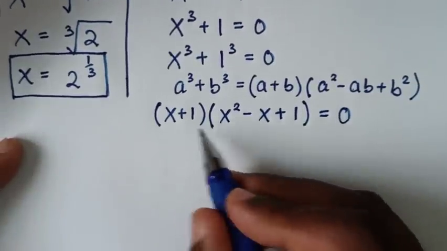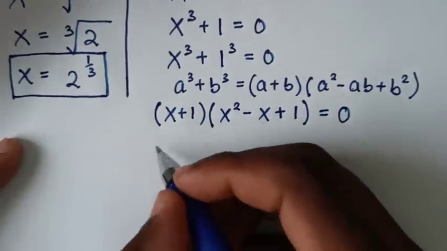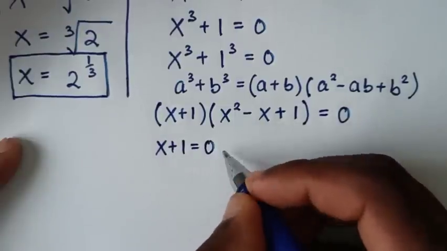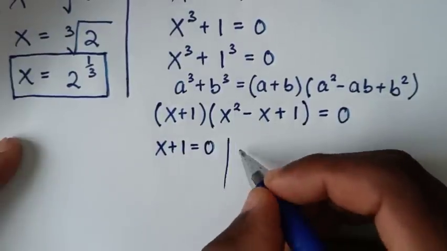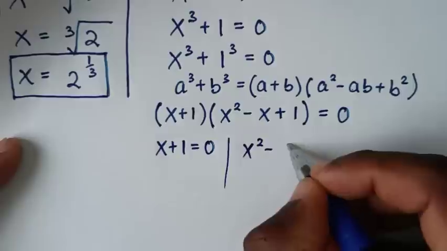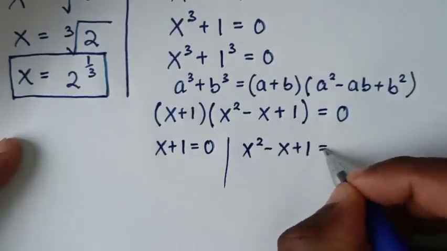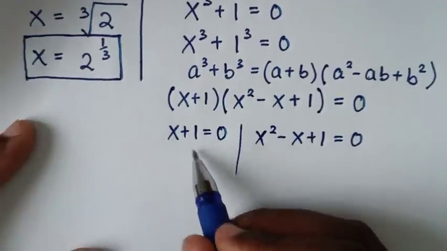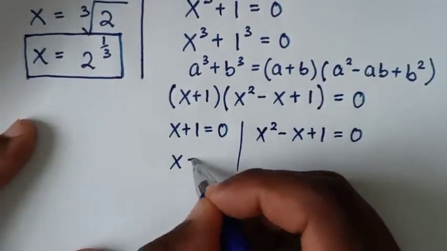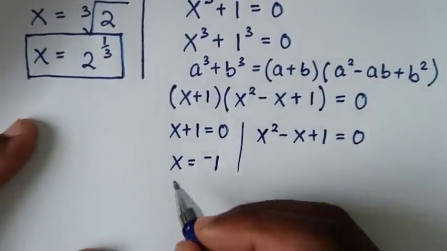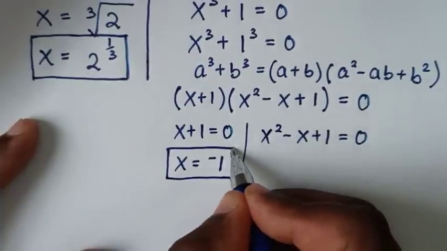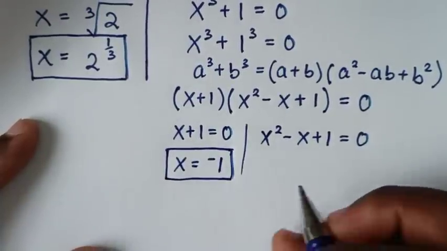Then from here we have two solutions, where the first solution, x + 1 = 0, and the second solution, x^2 - x + 1 = 0. Then from here we'll take 1 to this side, so x is equal to negative 1. So this is the second value of x in our problem. x = -1.